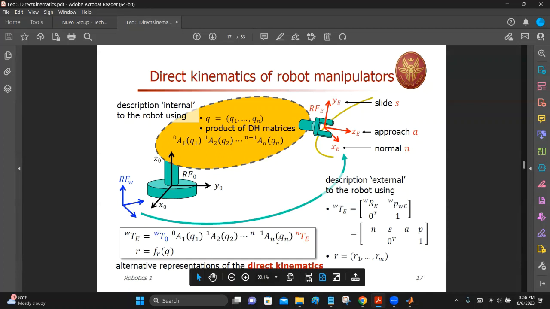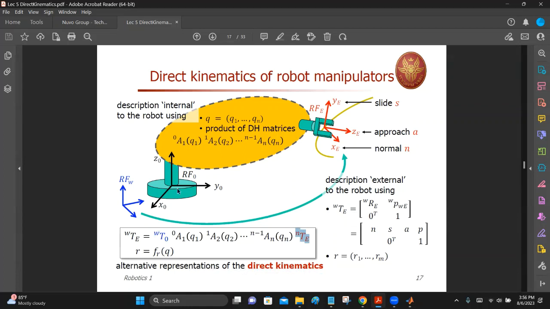It goes like that up to n minus 1 An. This is the last coordinate frame, right? And also you can see something before that and something after that. These are optional things, right?